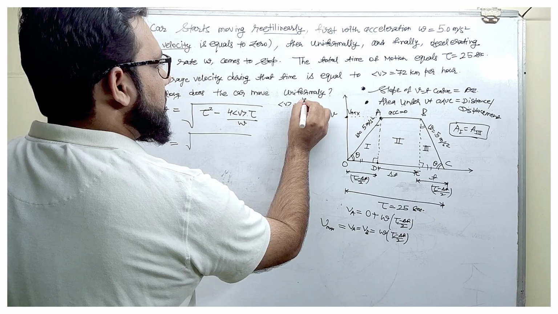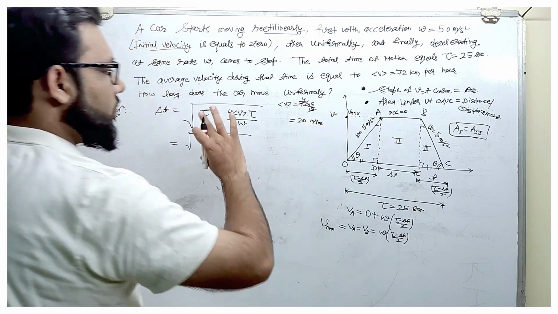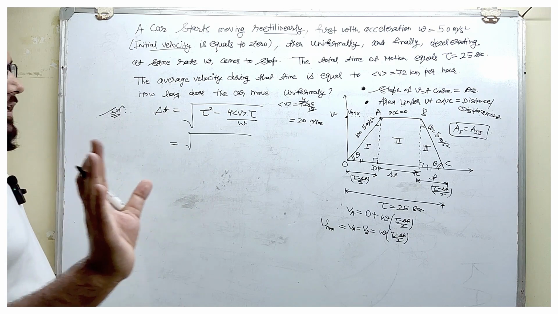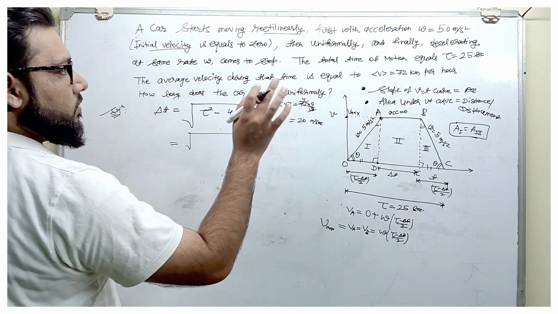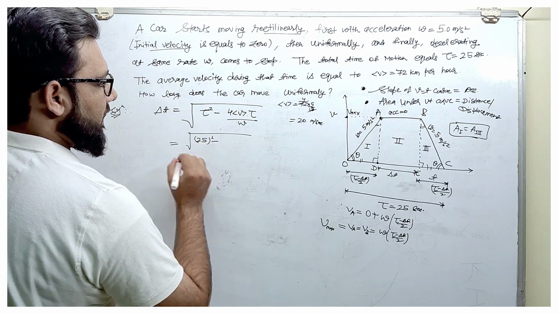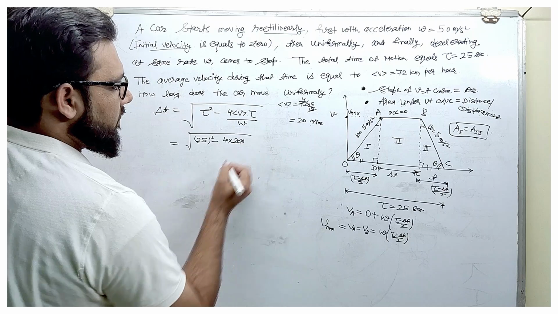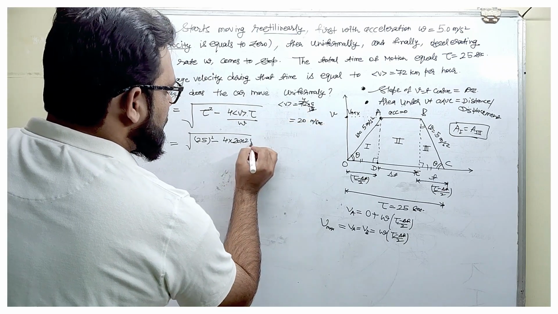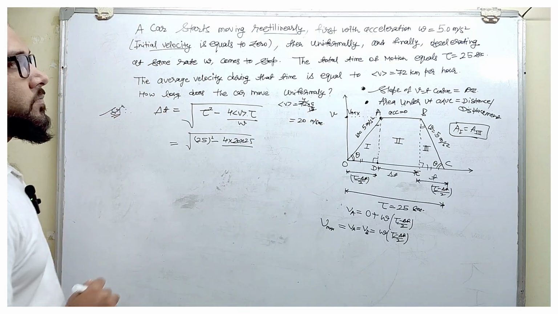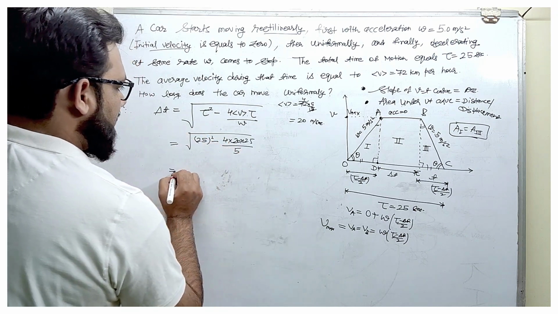This will come out to be 20 meter per second, so all values will be in MKS units. Tau, we know, is 25. Is it okay, guys? Here 4, the average velocity is 20, the time is 25, and we know omega, that is acceleration, is 5.